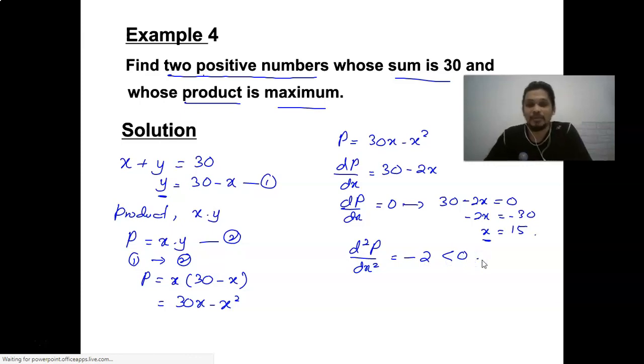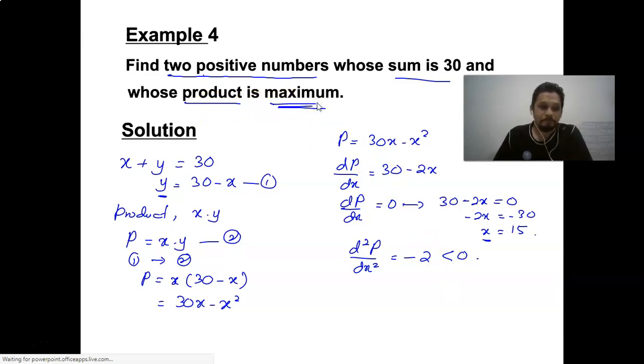So clearly from here it is a maximum, because the second derivative of P with respect to x is a negative number, less than 0, so it is a maximum.